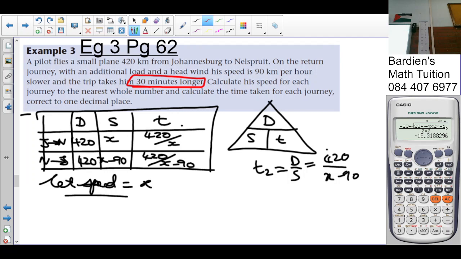So what we do is we say, that's going to take longer, no? So it's going to be 420 over x minus 90. Here's the other way around. You just check.